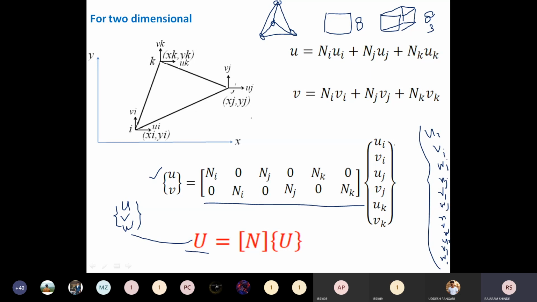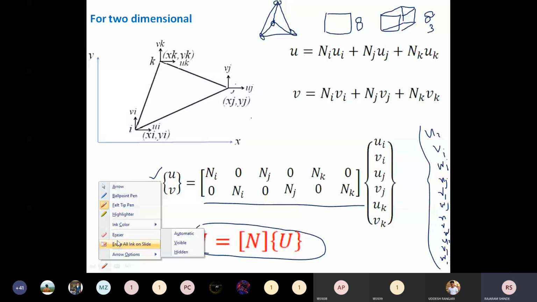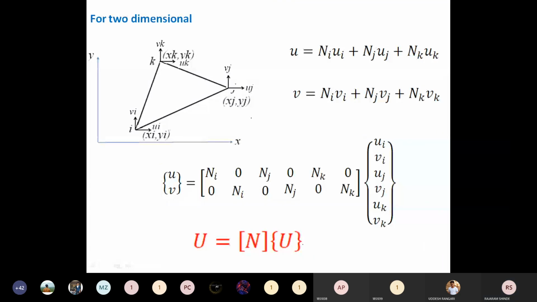That means the size of this matrix is 24 rows and 1 column. Are you getting this? But this relation will not change depending upon the element. The number of terms in this equation changes. Do you agree with this? This is a general equation. You can use this for all types of elements. Any doubt here?